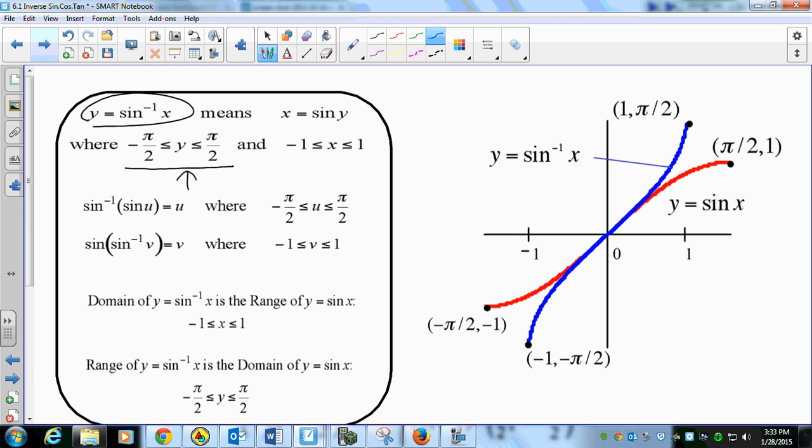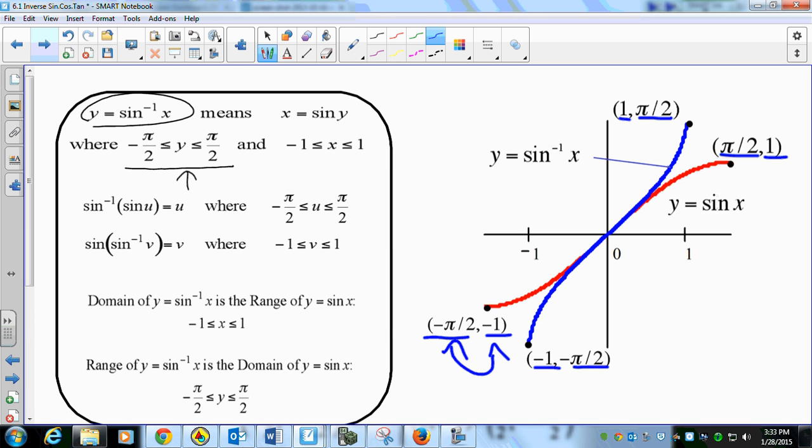The domain of this function was the range of this function. And what was the range of this function is now the domain of this function. The values have flip-flopped. Okay.